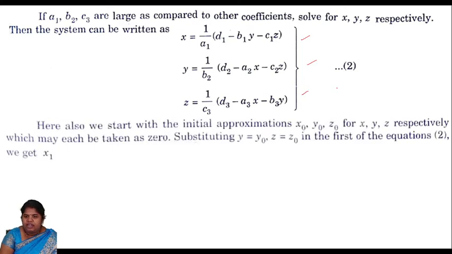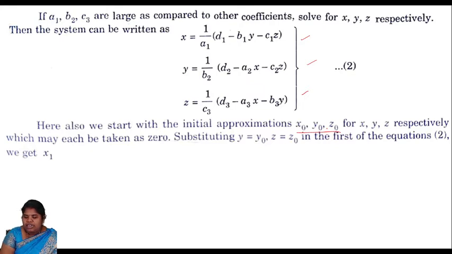Now, in the Gauss-Jacobi method, we substituted the values of x0, y0, z0. Here also, we start with the initial approximation, where each value may be taken as 0.